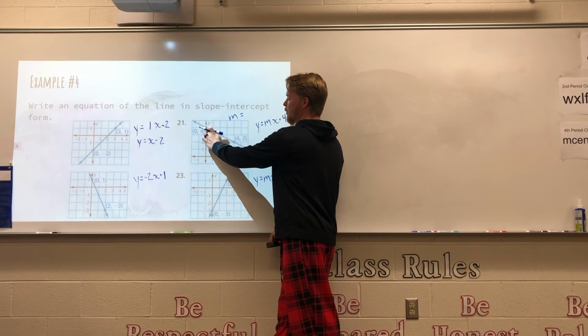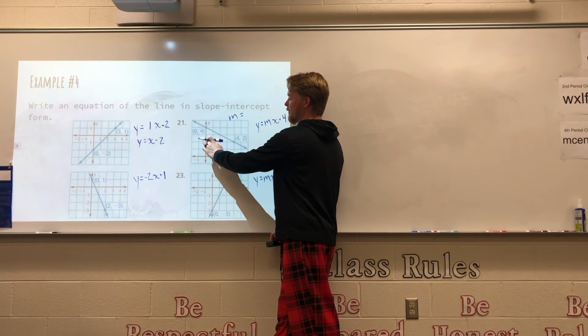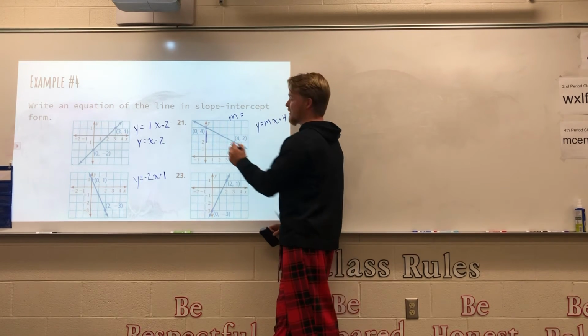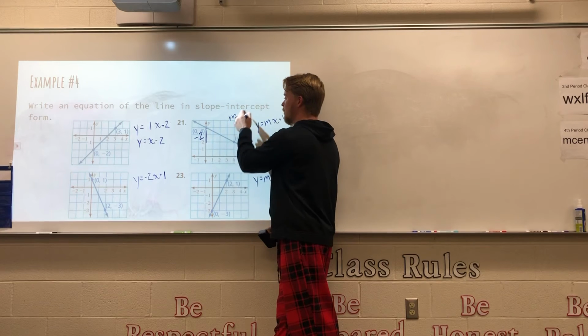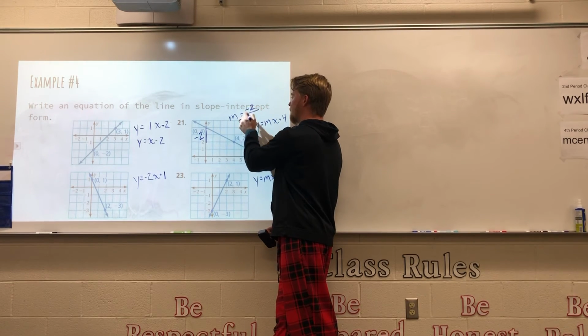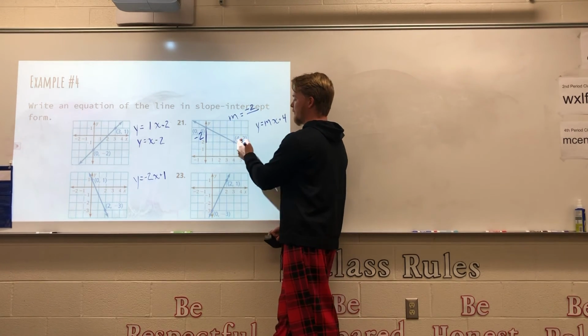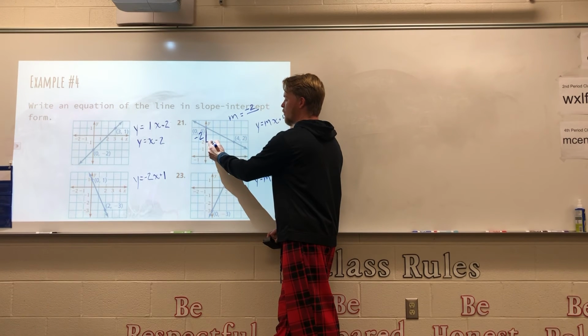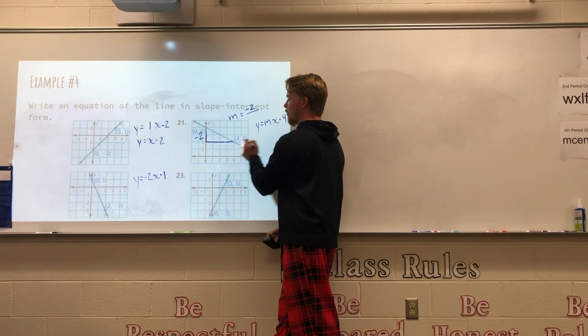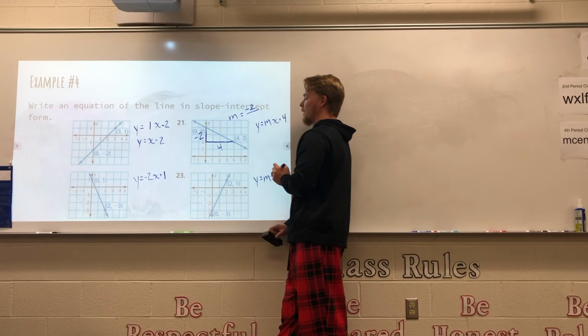If I'm going from this point to this point, I'm going to have to go down first. Down 1, 2. And since I'm going down, that's negative. Negative 2 is my top number. Over my run would be to the right. 1, 2, 3, 4. Positive 4.